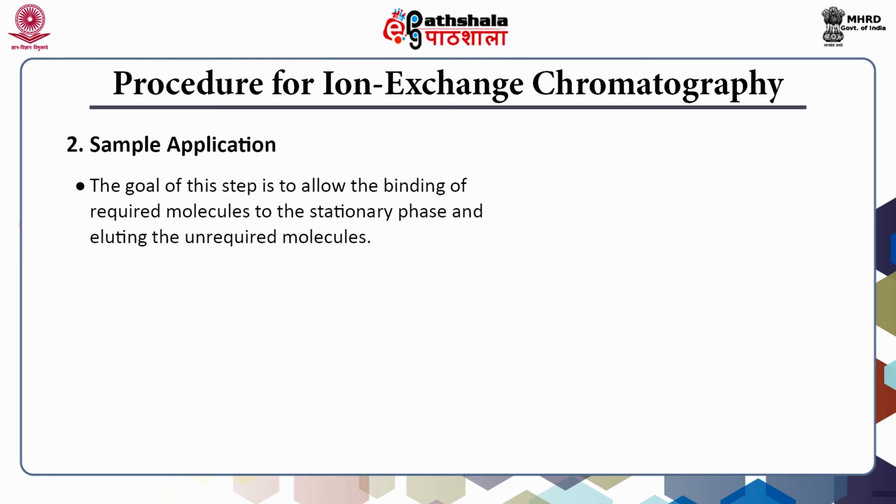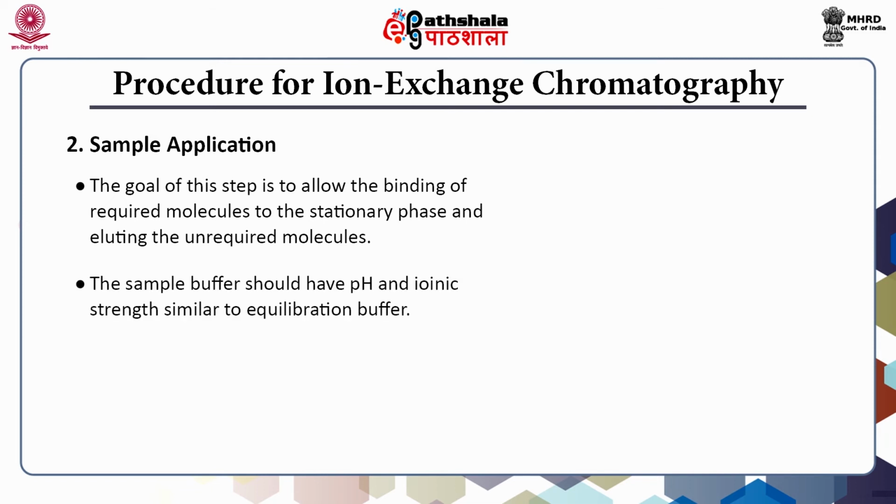The goal of this step is to allow the binding of required molecules to the stationary phase and elute the unrequired molecules. The sample buffer should have a pH and ionic strength similar to the equilibration buffer to promote the binding of required molecules to the surface and unrequired molecules to be eluted out.